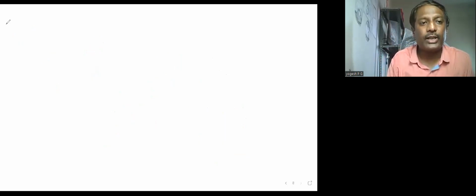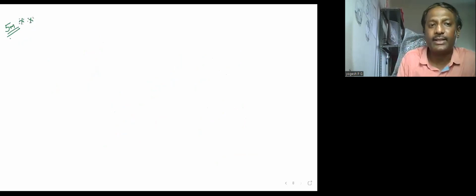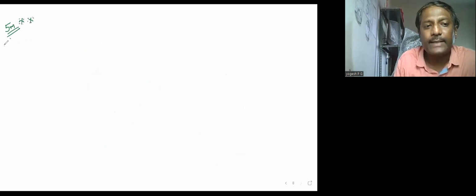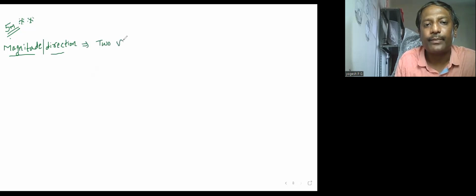Students, this question may come for 5 marks, and it is very important for the board exam as well as for the coming quarterly test. Derive an expression for the magnitude and direction of two vectors using the law of parallelogram.